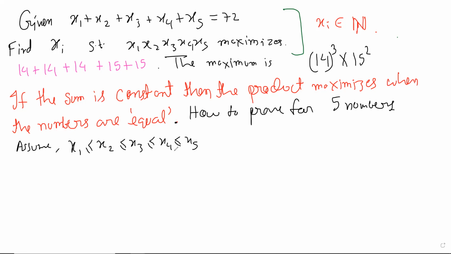Okay, so suppose this is one particular solution, and let's suppose there is another solution, y1 less than or equal to and so on up to y5, because we have to compare two solutions and show which one is bigger.